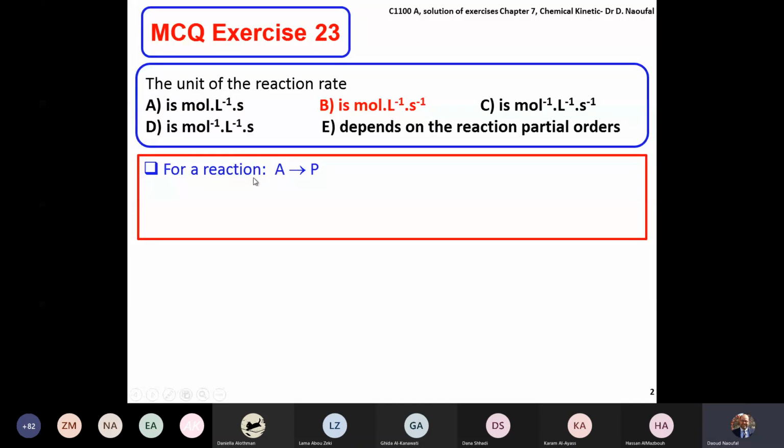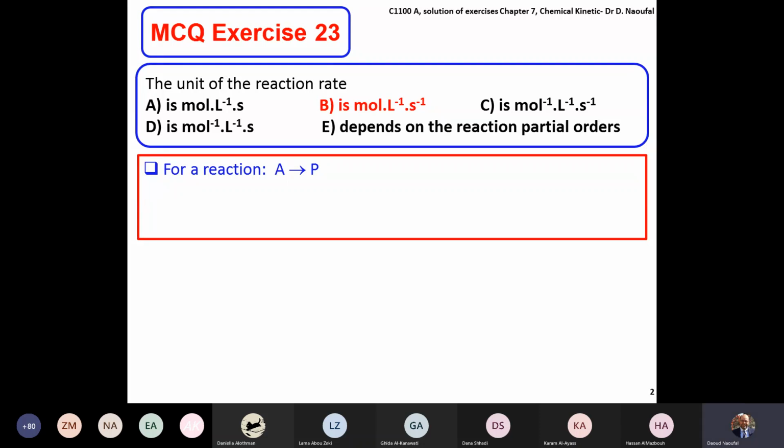For a simple reaction from A to product, the rate of the reaction is defined as the rate of disappearance of A. The rate of disappearance of A can be expressed as RA equal minus dnA, the variation of the number of moles of A per dt, or as the variation of the concentration, minus dA divided by dt.